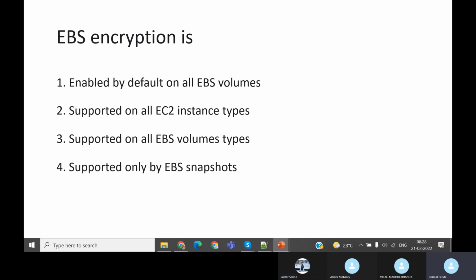EBS encryption is: enabled by default on all EBS volumes, supported on all EC2 instance types, supported on all EBS volume types, or supported only by EBS snapshots. We have also discussed this in the last session, in the last quiz questions.